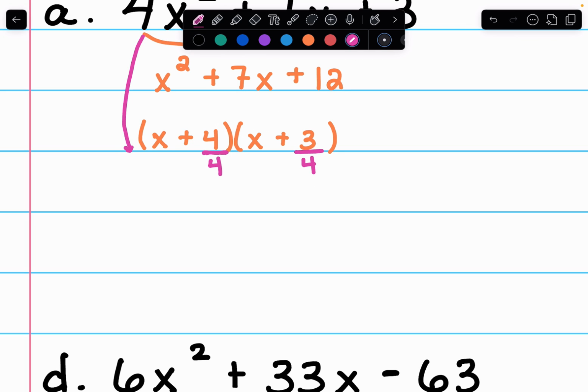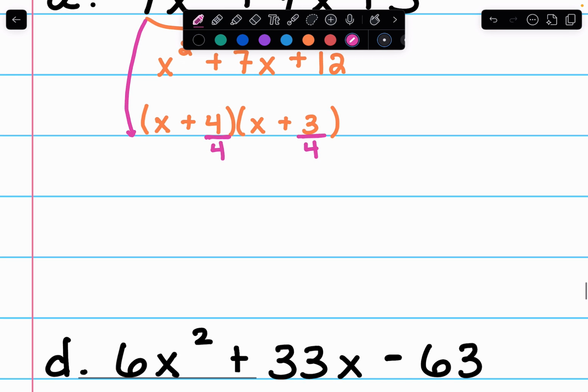Step number 4 says simplify your fractions. So you have 4 divided by 4, that's just 1. 3 divided by 4, well, you can't simplify that. So if you're left with the denominator, this is step number 5. If you're left with the denominator, move it in front of the x. So you're going to take this 4 and move it in front of the x. So you have x plus 1, 4x plus 3.